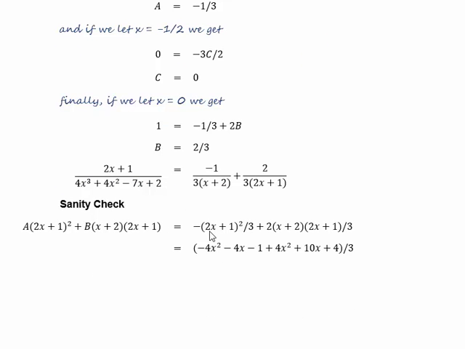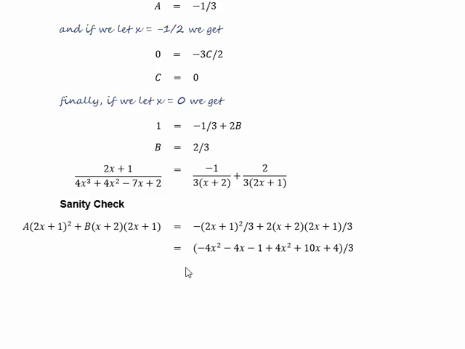We're going to get 4x squared plus 4x plus 1, and then we'll bring the minus sign in, so it's minus 4x squared minus 4x minus 1, and then in this term we've got 2x squared times 2, so that's 4x squared, and we've got x and 4x, so that's 5x times 2, which is where the 10x comes from, and then we've got 2 times 1 is 2 times 2 is 4, and that's all over 3 because both terms are over 3.